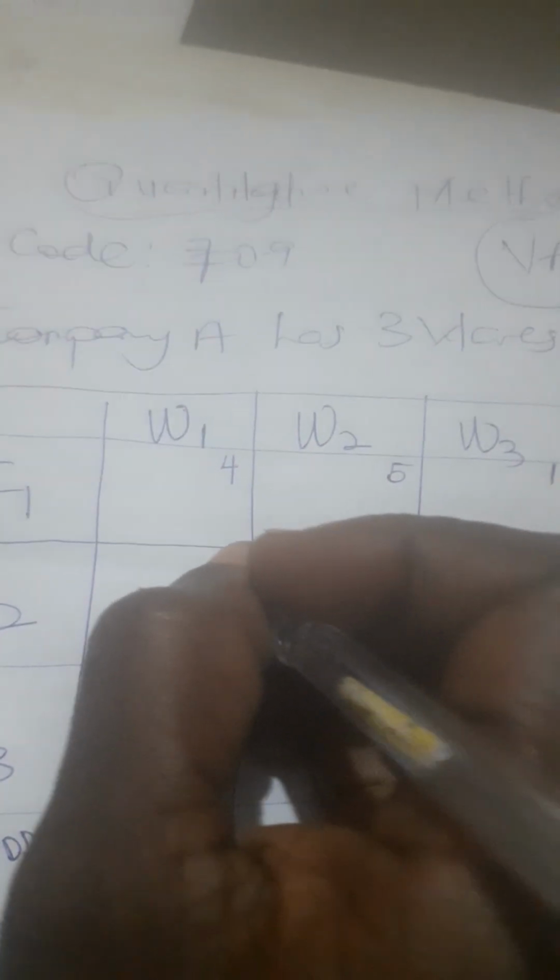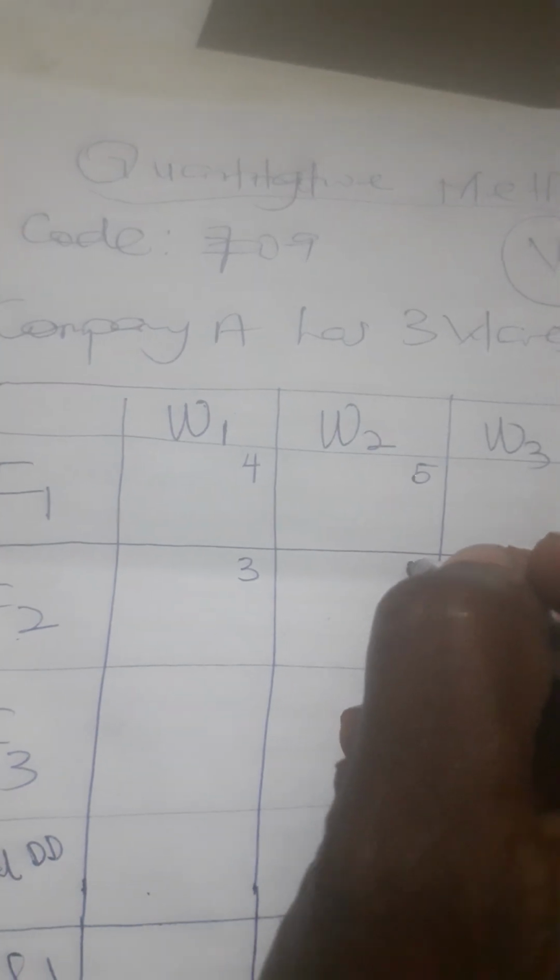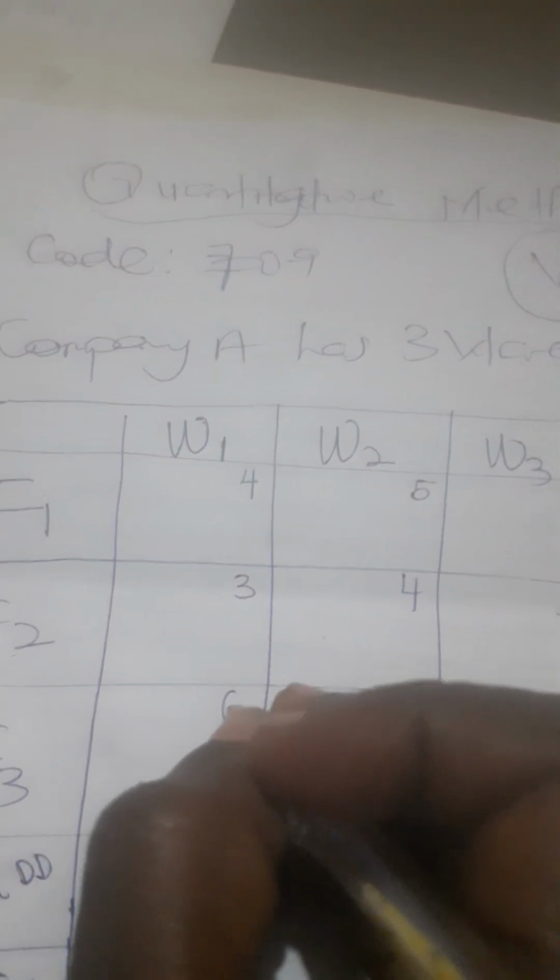In this form, they will be given the prices for the activity to be done. We have 4 naira, 5 naira, 1 naira. Here we have 3 naira, 4 naira, 3 naira. So we have 6 naira, 2 naira, and 8 naira. The total cost given for the activities to be done is 70, 40, 60.